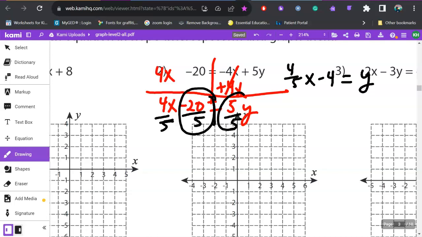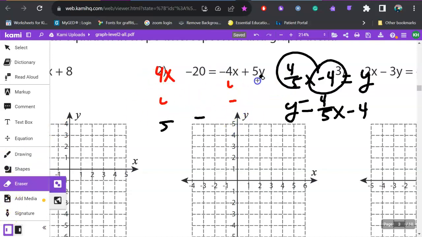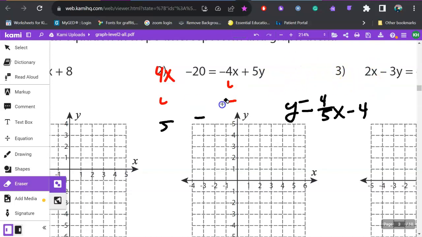If I rewrite it in which y is on the left side, it would just be y equals my slope number, 4 over 5x, and my y-intercept number, my b, which is a -4. That's what I'm graphing. All right, let me get all this mess out of the way so we can see our graph clearer. And now I know that this is how we are graphing it.